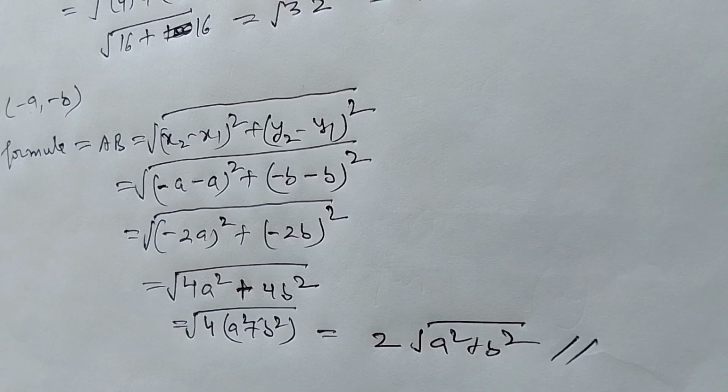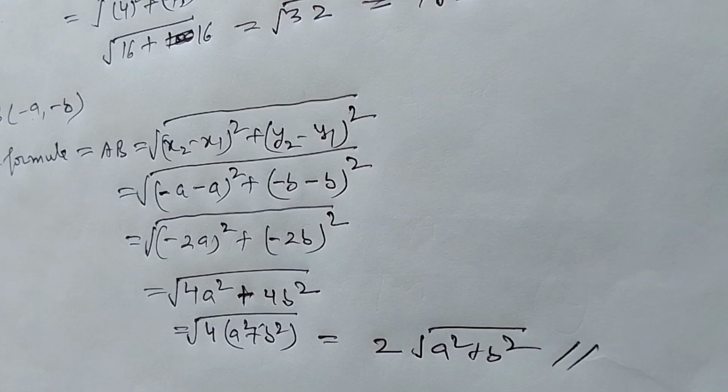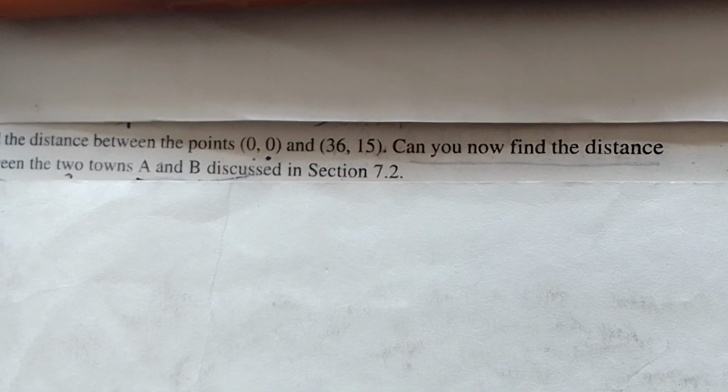Now we will go to the second question: find the distance between the 2 points (0, 0) and (36, 15). Can you now find the distance between the two towns A and B discussed in section 7.2?